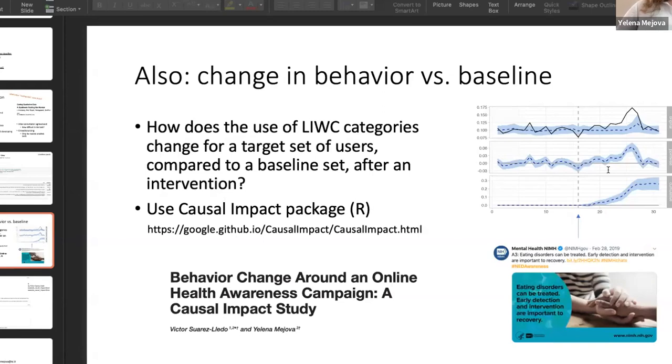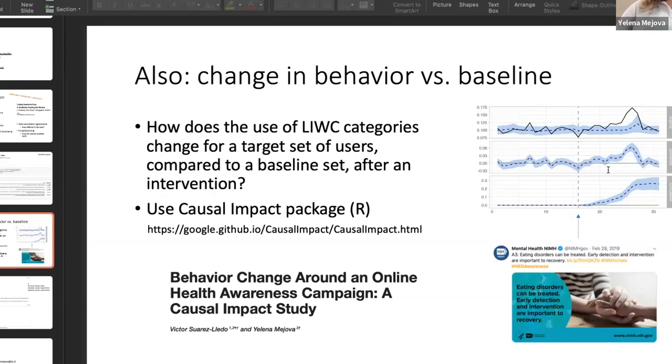I think you're familiar with it, right? So this package implements basically a synthetic control approach. The idea is that you fit your model to your data, but then you build a counterfactual, and so the model creates a synthetic counterfactual, the blue shaded line that you see there.